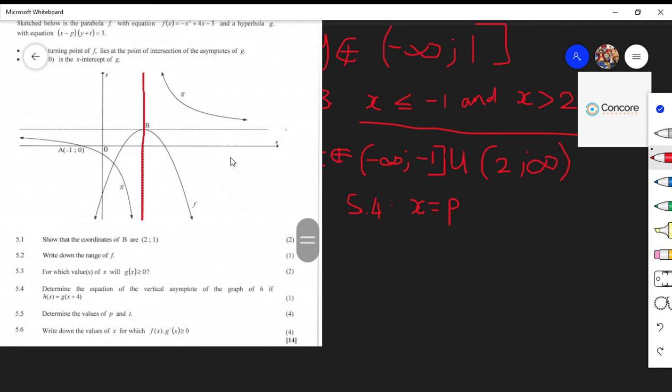So therefore we can just take the asymptote of g, which is x is equal to 2, and since this graph is shifted 4 units to the right, we just say plus 4, and our x asymptote of h is then equal to 6. All we're doing is shifting our x asymptote 4 units to the right.